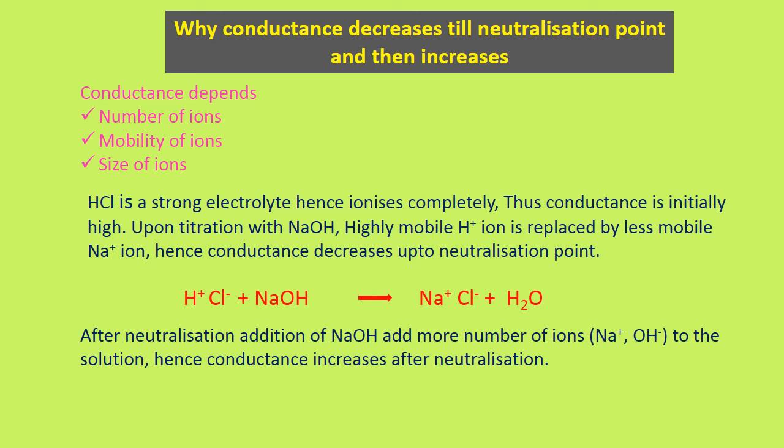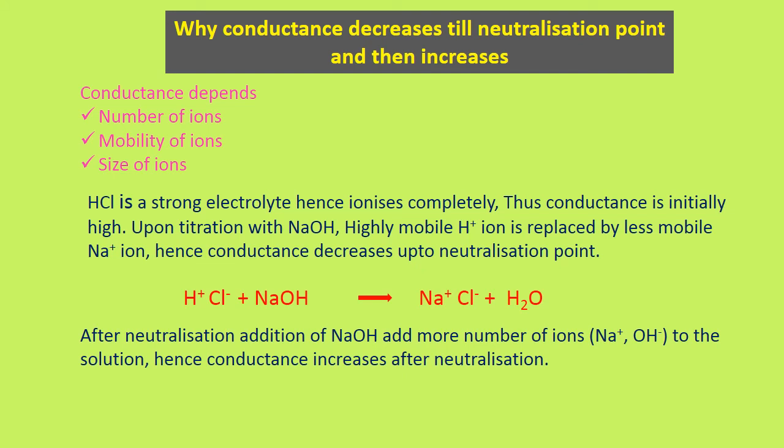Since H plus ion is smaller in size and higher in mobility, the conductance decreases even on replacing it with sodium ion. Okay, sodium ion is larger in size and lesser in mobility, hence the conductance of sodium ion is less than the conductance of H plus ion. So conductance gradually falls until all H plus ions are neutralized.